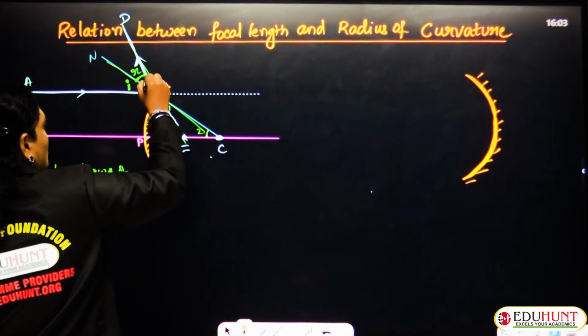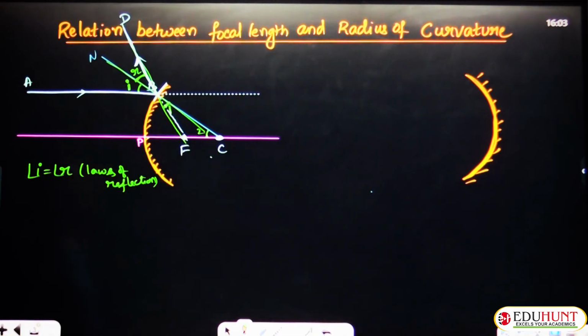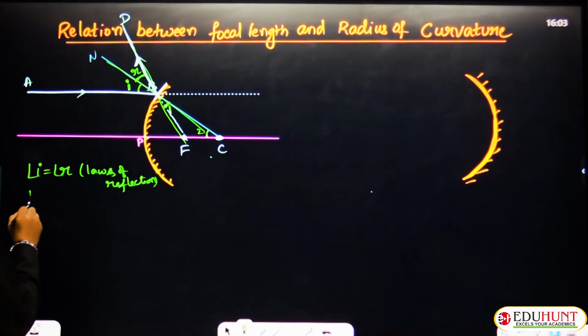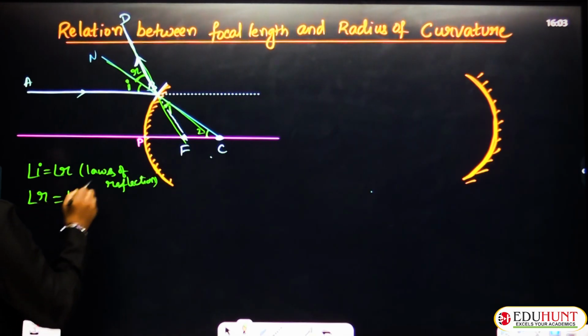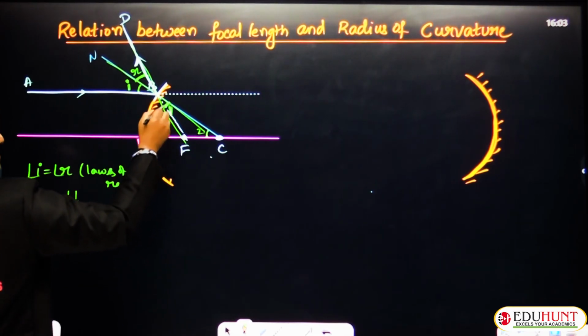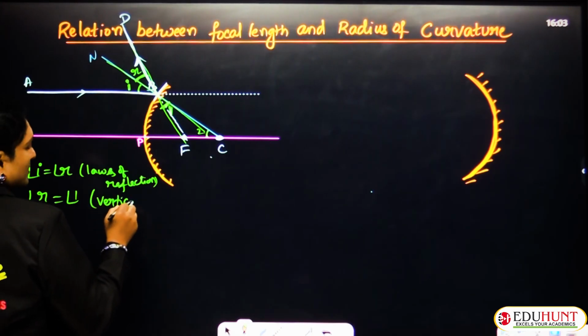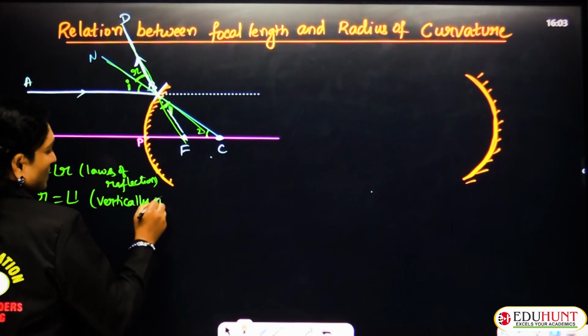If this happens to be R, this must also be equal to R because of vertically opposite angles. So clearly angle R is equal to angle 1. The reason for this is vertically opposite angles.